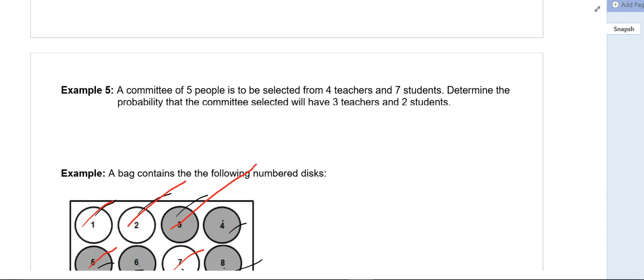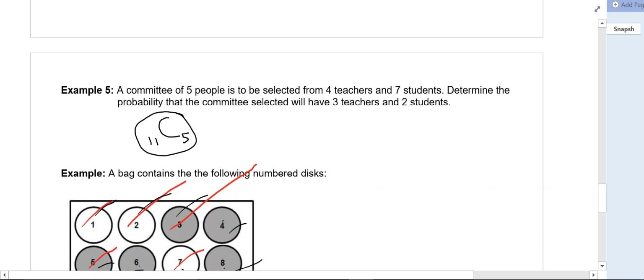Well, the number of ways you can select a committee of 5 people, and you don't care if they're a teacher or a student, just 5 people, is a combination of 5 people selected from 11. That's the denominator here because that's the number of ways anything can happen. The number of ways you can choose 5 people from 11 because we're not making a distinction between teachers and students, okay?